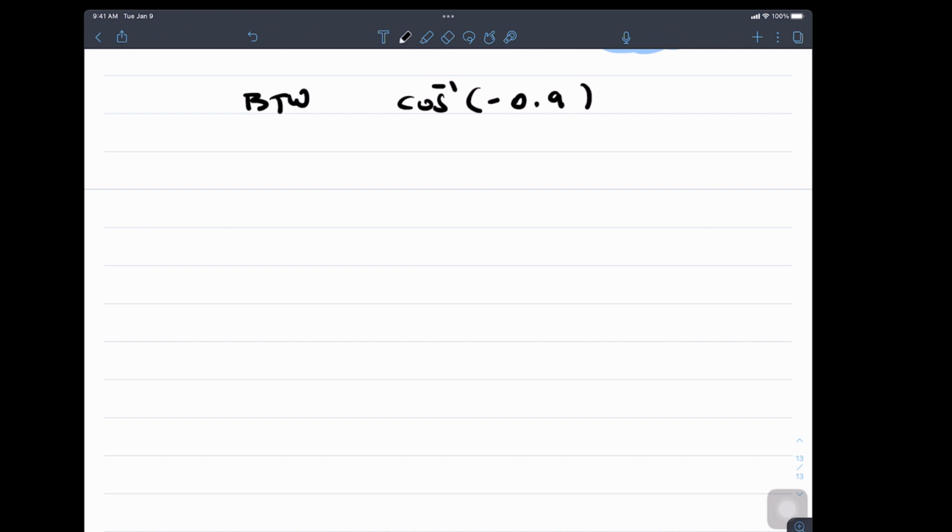Do you guys know? What is this? We have to evaluate that? The answer is yes. So you're going to let theta be inverse cosine of -0.9. Is that true? And then that means that cosine theta equals -0.9.